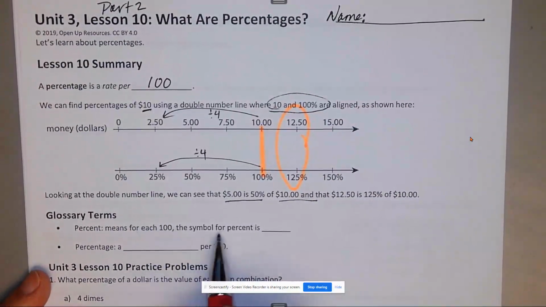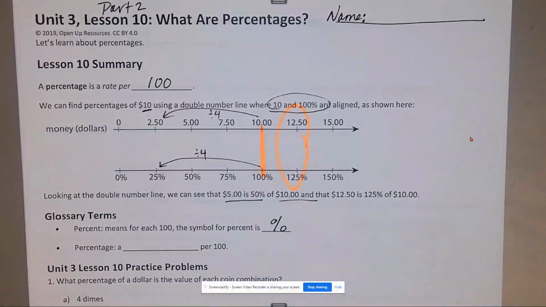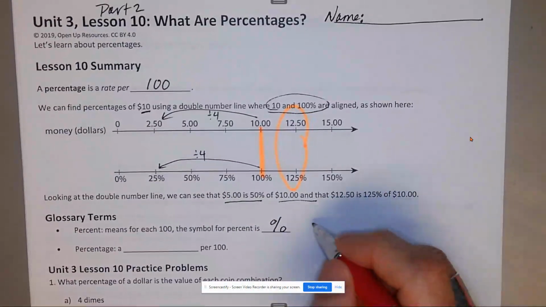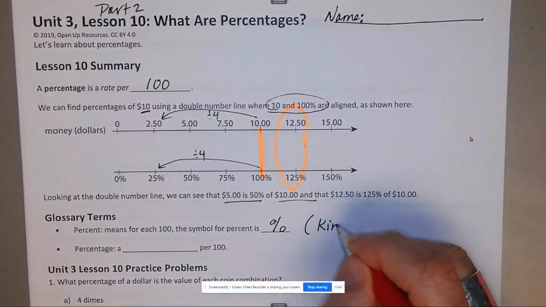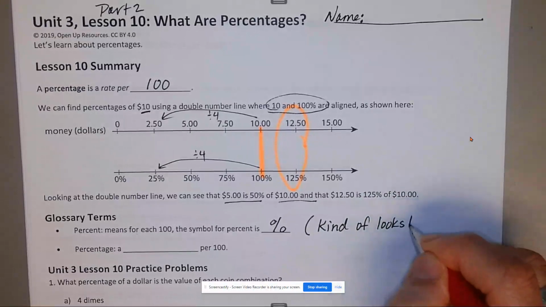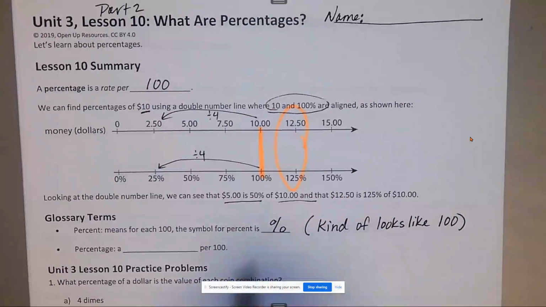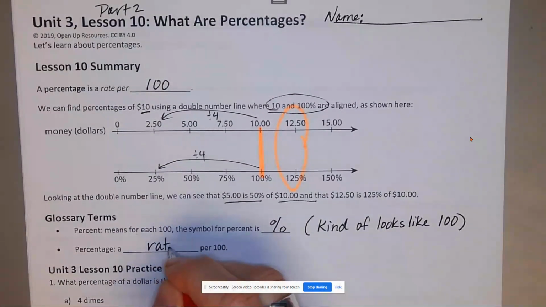Percent means for each 100. The symbol for percent is this. Now, most of us recognize that it kind of looks like 100, and that's why the two zeros in the symbol represent 100. Percentage is a rate per 100.